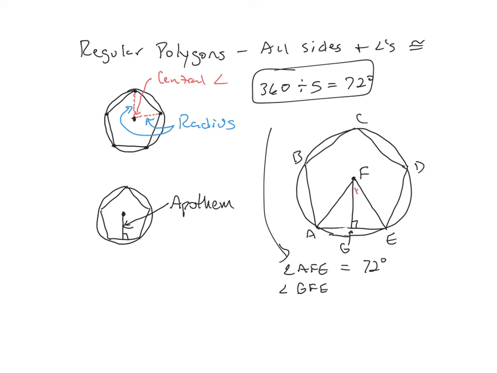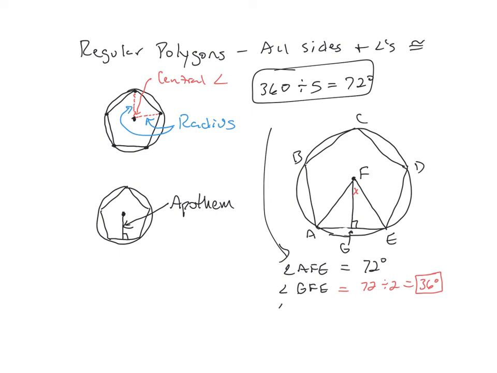So we're looking at that one. All the angles by the central angle, when we draw the apothem in, are bisected. So we're just going to do 72 divided by 2 is 36 degrees. 100% of the time, no matter what shape it is, on a regular polygon, the apothem will bisect the central angle.